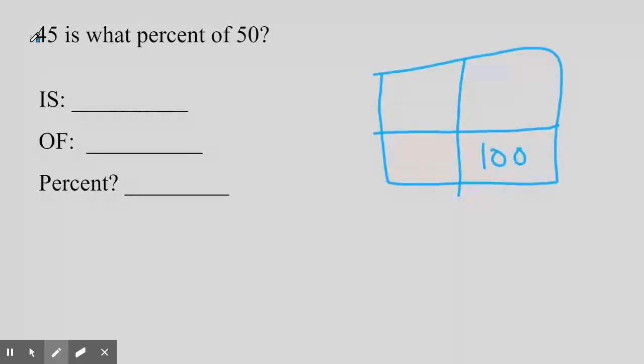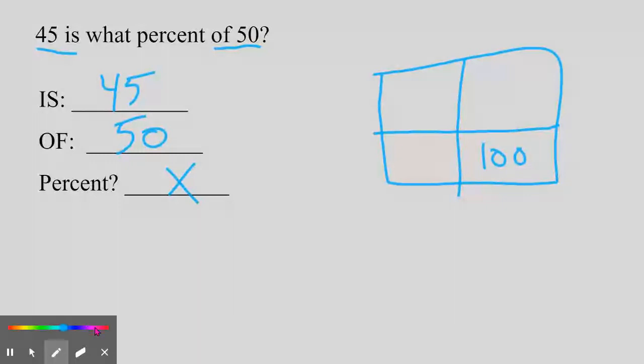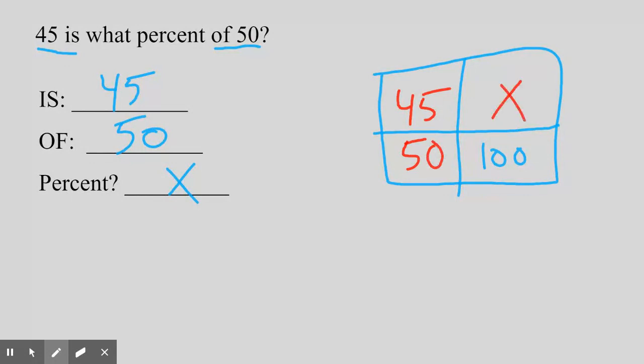So let's break this down. 45 is, well, we don't know what 45 is, so that's going to be our part, of 50. That is our whole. And what percent? That is unknown. So now we can fill out our box. And that's what our box should look like.